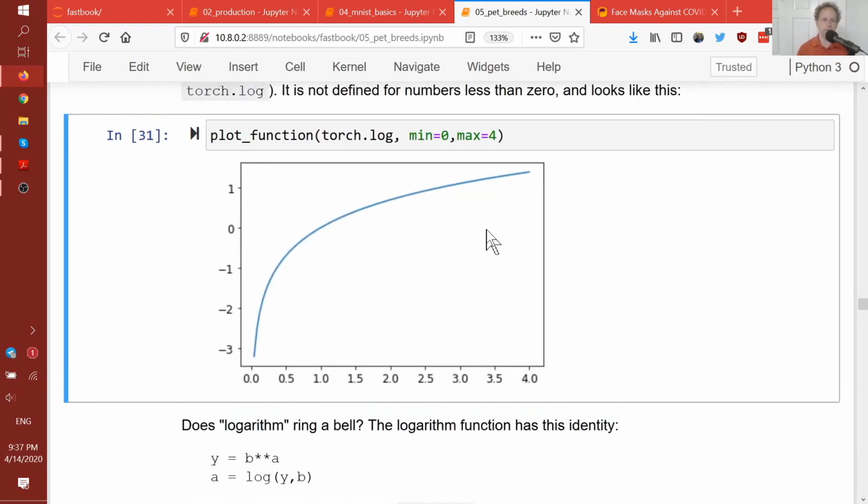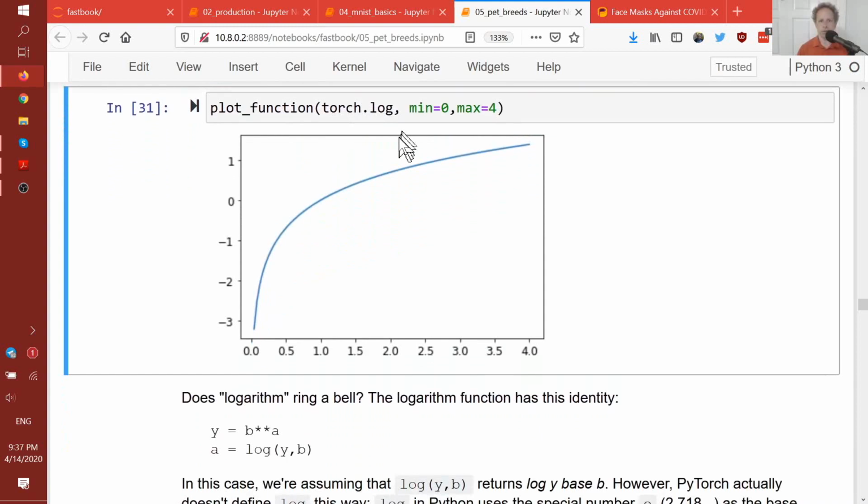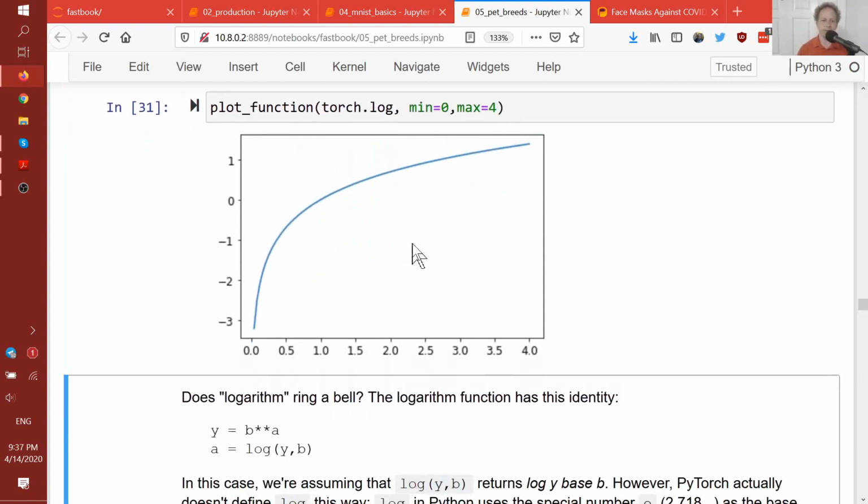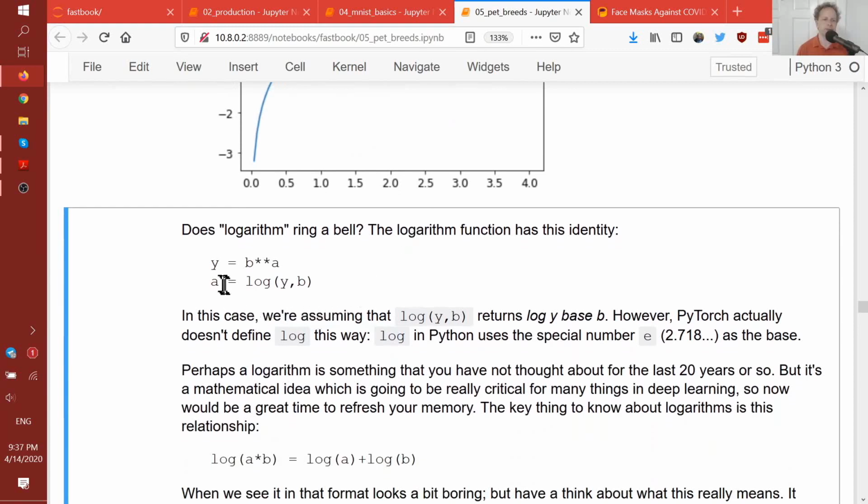So this logarithm, in case you forgot, hopefully you vaguely remember what logarithm is from high school, but basically the definition is this. If you have some number y that is b to the power of a, then logarithm is defined such that a equals the logarithm of y comma b.